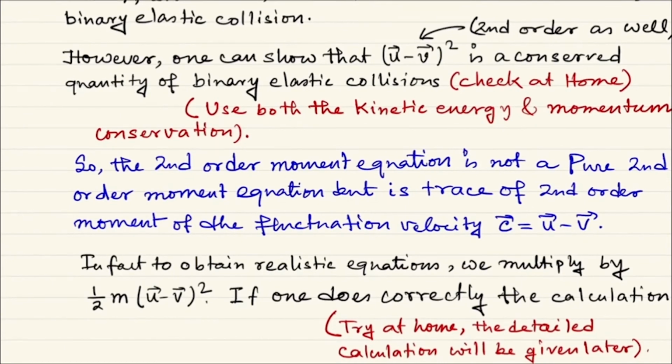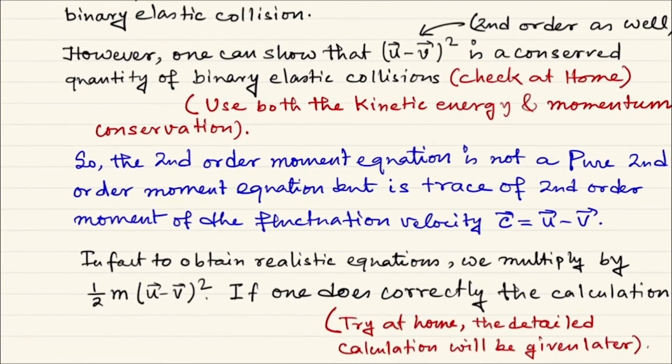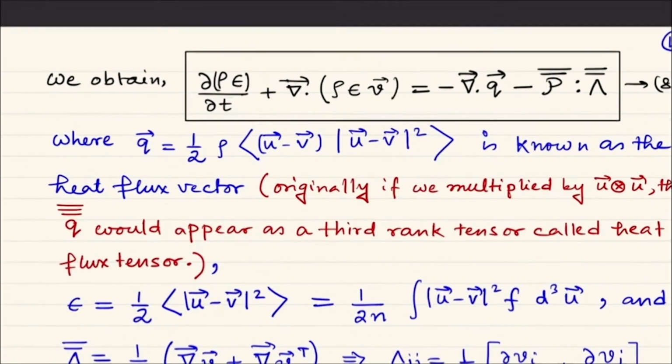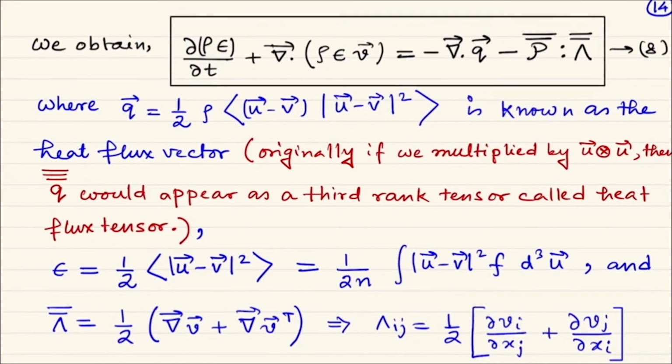So if one does the calculation correctly, and this calculation is a bit longer, I will give you the solution after some weeks, but first try it at home. This is a very good exercise. If you do the algebra correctly using vector identities and the corresponding definitions correctly, then you will see the moment equation should look like this.